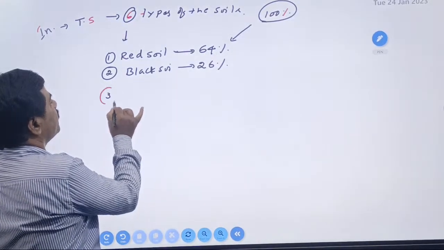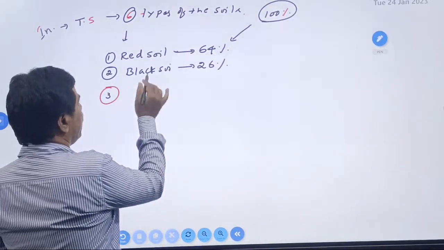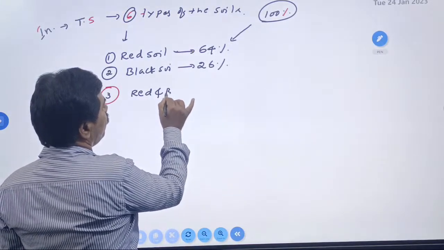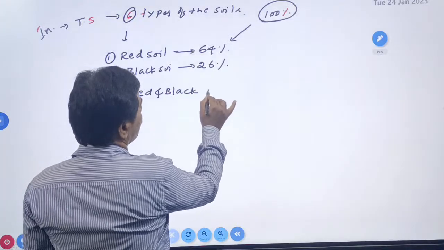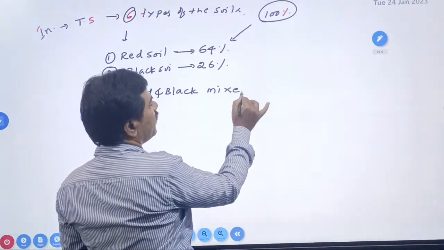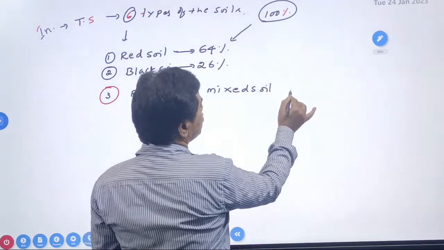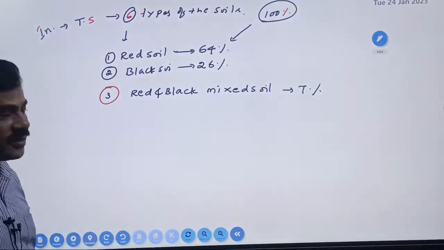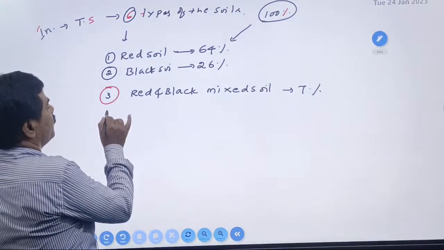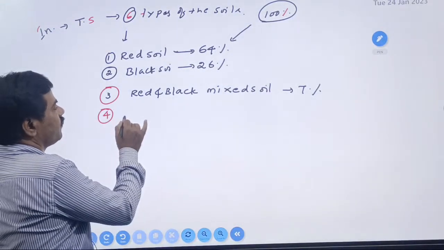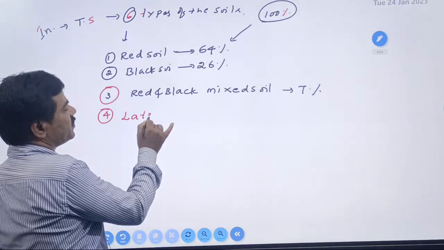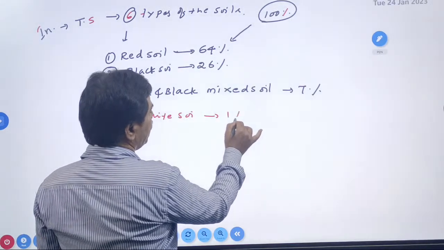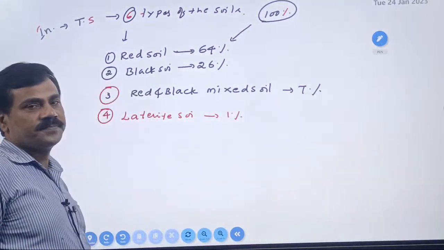Third one is red and black mixed soil, which occupies only 7 percent, in third place. Fourth one is the laterite soil, which occupies only 1 percent.